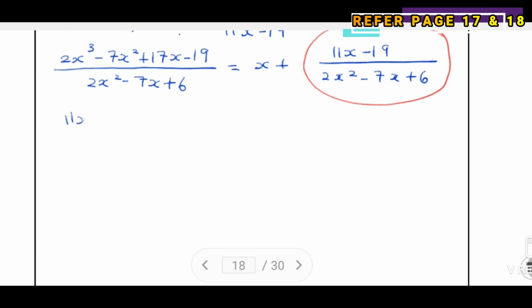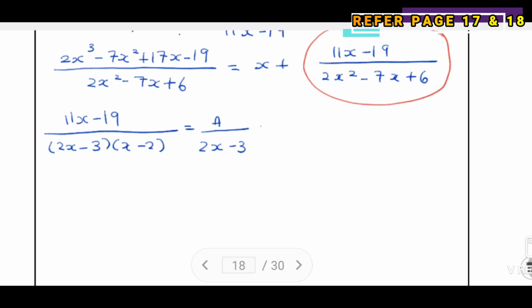So 11x minus 19 over 2x squared minus 7x plus 6 is a quadratic that can be factorized as 2x minus 3 times x minus 2. So express this fraction in general partial fractions. We're going to have A over 2x minus 3 and B over x minus 2.